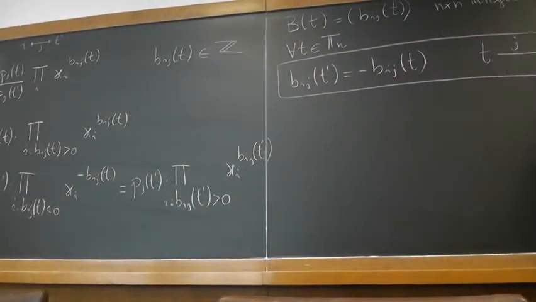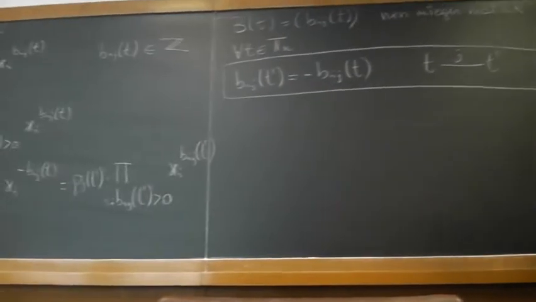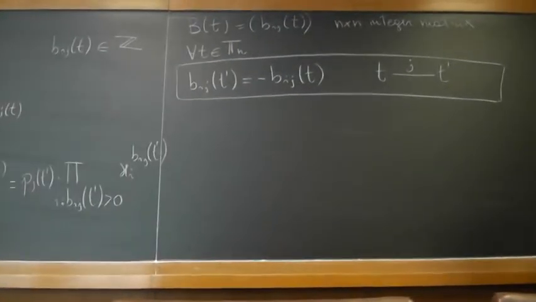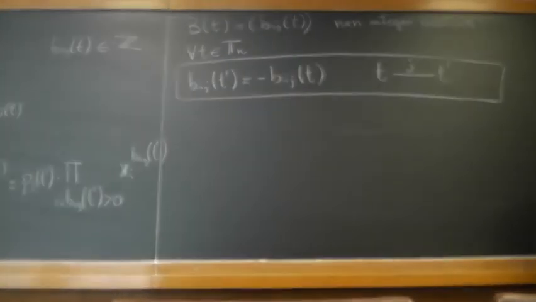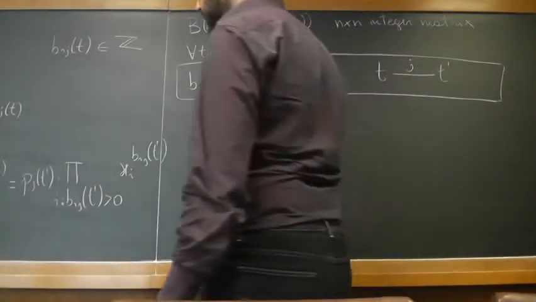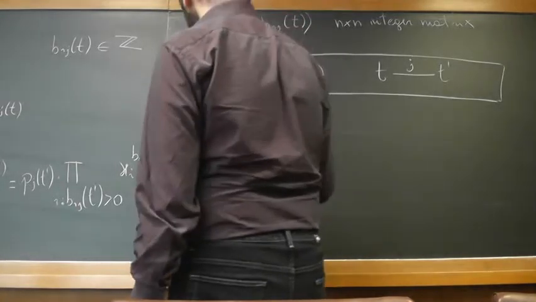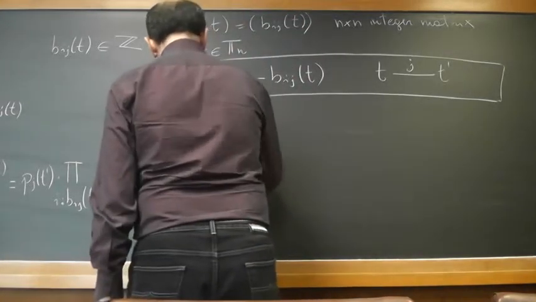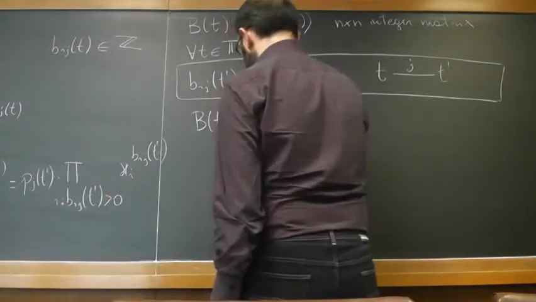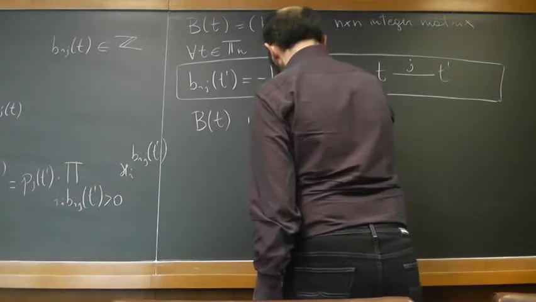So this is the first easy relation that we have among the coefficients of these matrices. Then I want to observe also that these matrices Bt are sign skew symmetric.